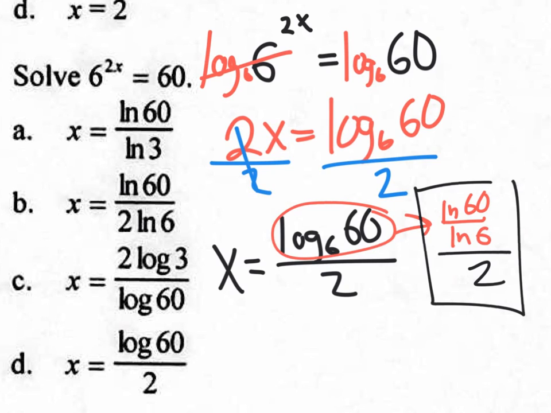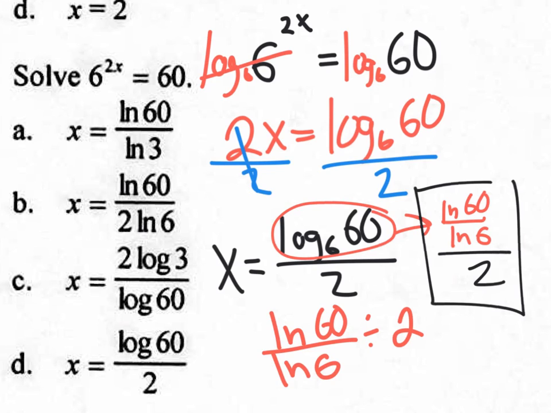So, what's happening here is normally we'd get a decimal answer, but we see that none of these answers are in decimal form. And I do see the answer already, it's just written a little differently. Instead of saying this fraction divided by 2, they're saying ln of 60 over ln of 6, divided by 2. Now, what is divided by 2?